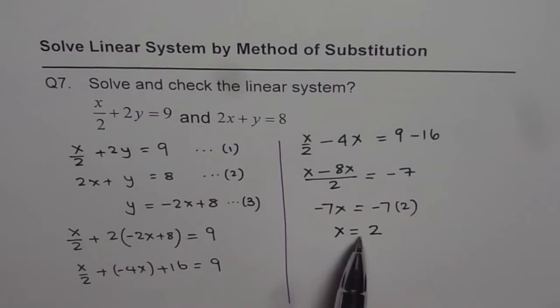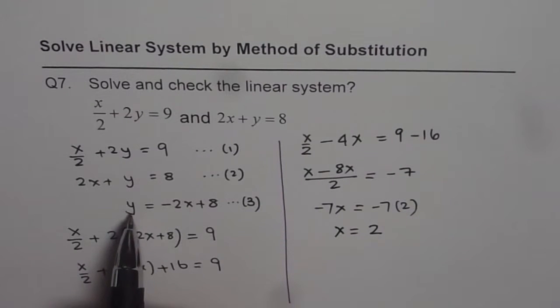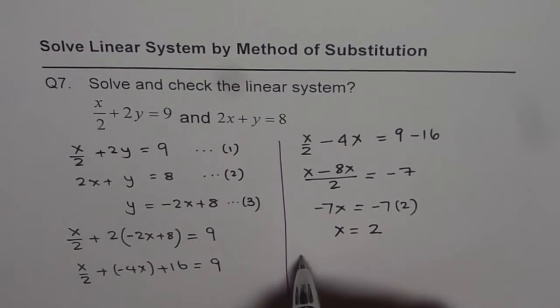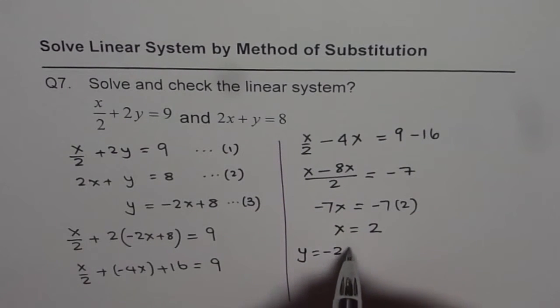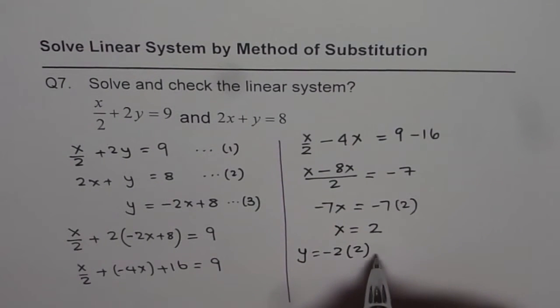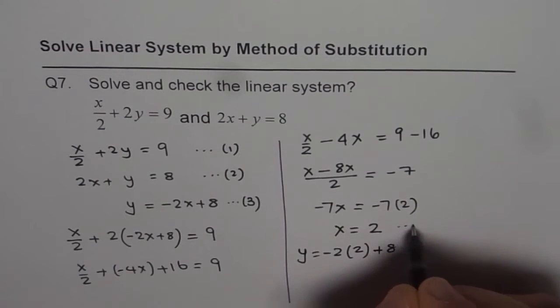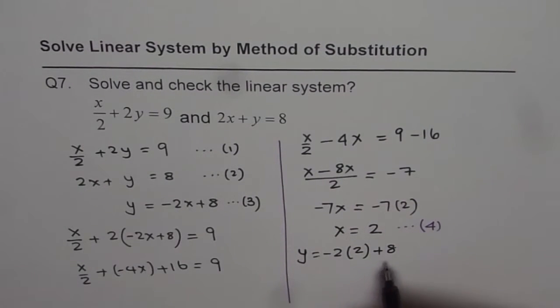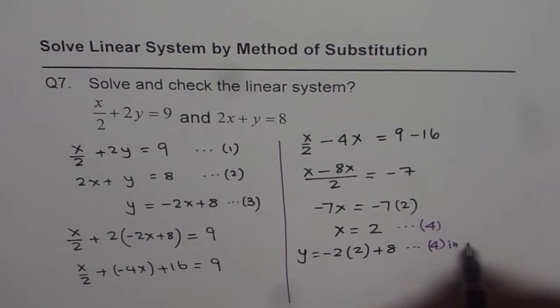Now we can substitute x equals 2 in equation 3 to find the value of y. So we get y equals minus 2 times x, which is 2, plus 8. Let this be equation 4 for us, and we substituted 4 in 3 to get the value of y.